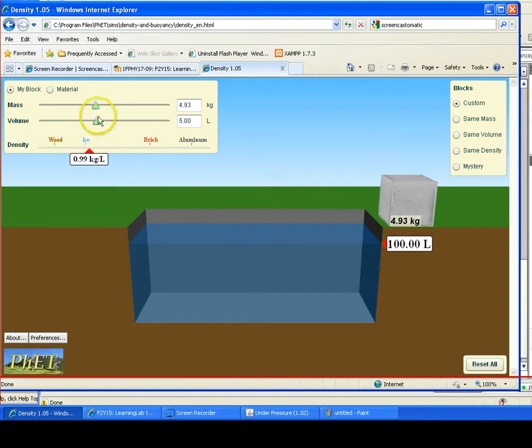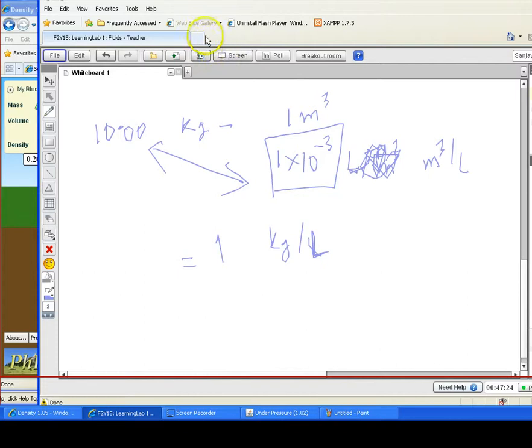So let's take the block out again. Let's calculate the maximum force of buoyancy that can exist on this block. Please go back to the class whiteboard.